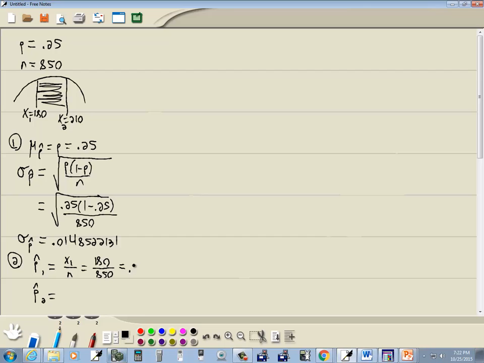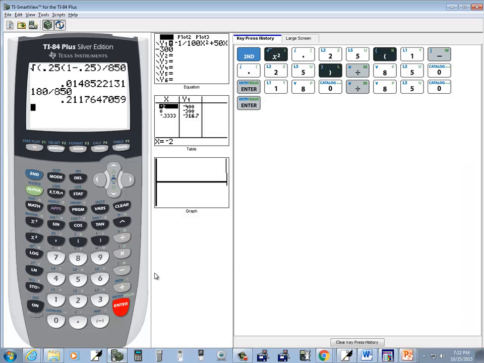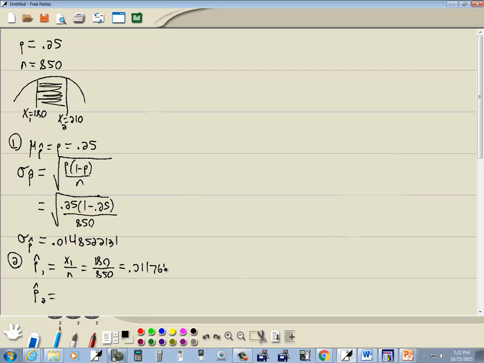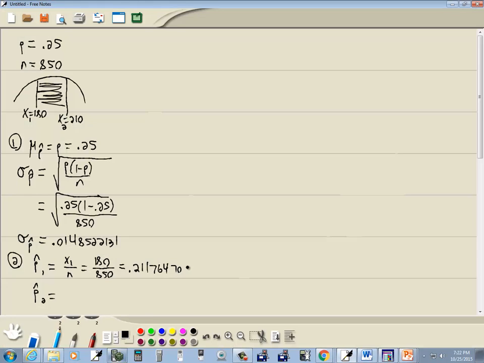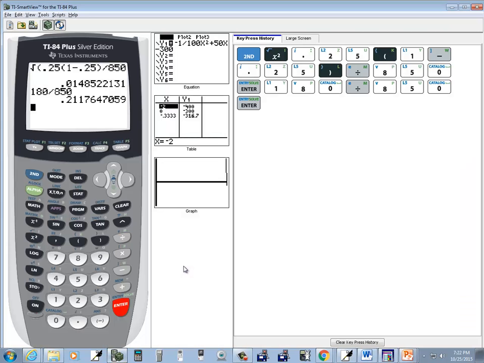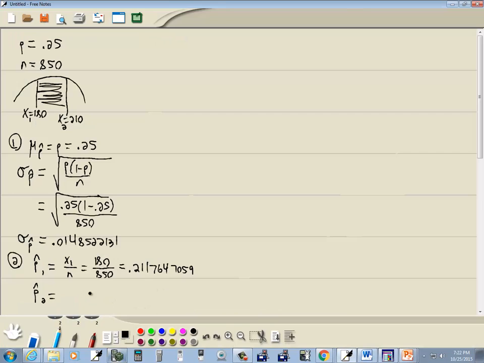That gives us 0.2117647059. Okay, and p hat sub 2 is going to be x sub 2 over n.